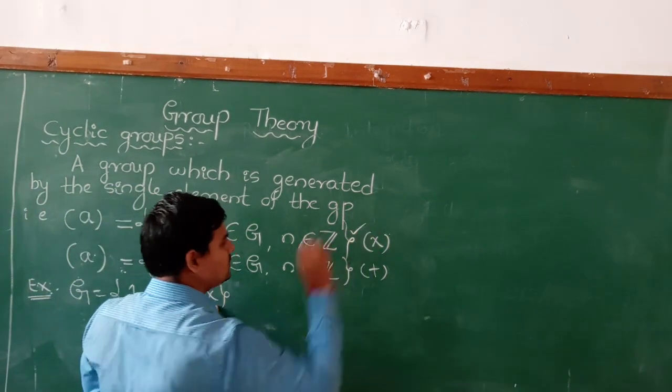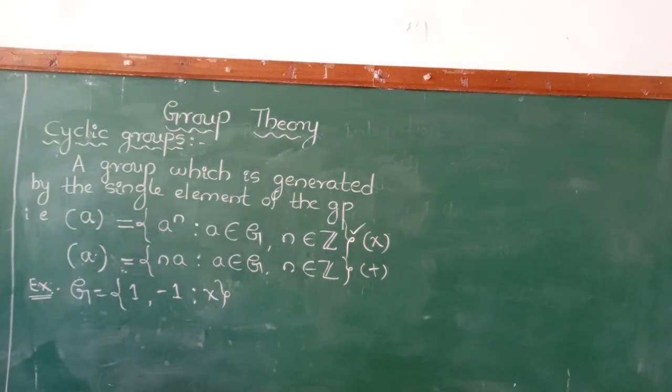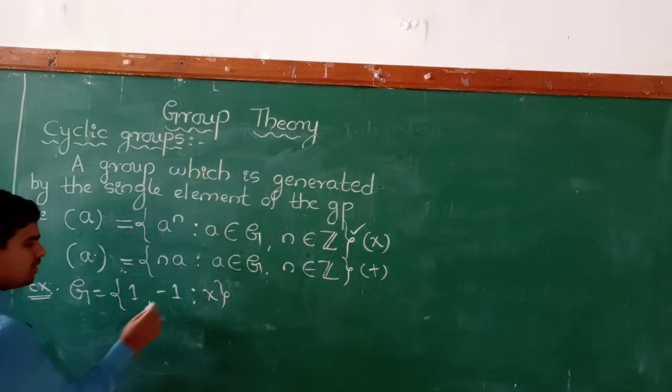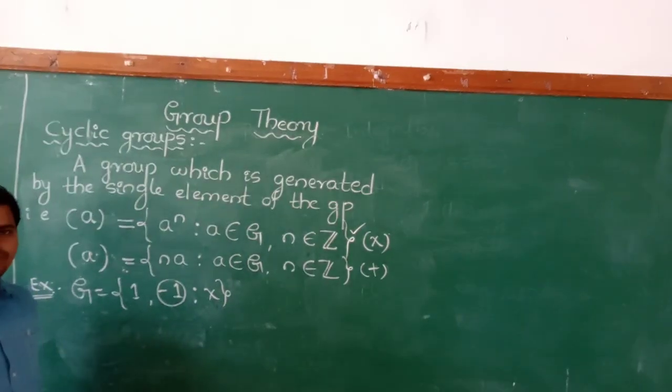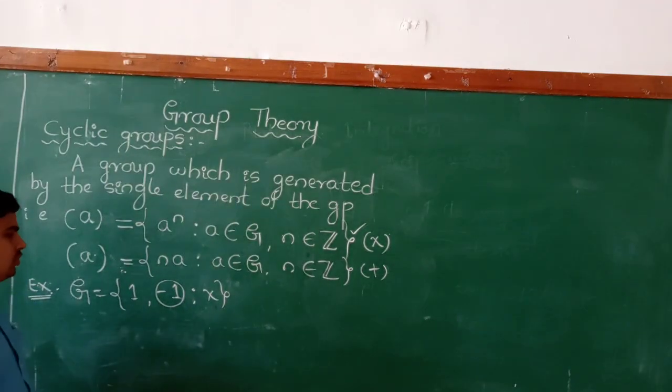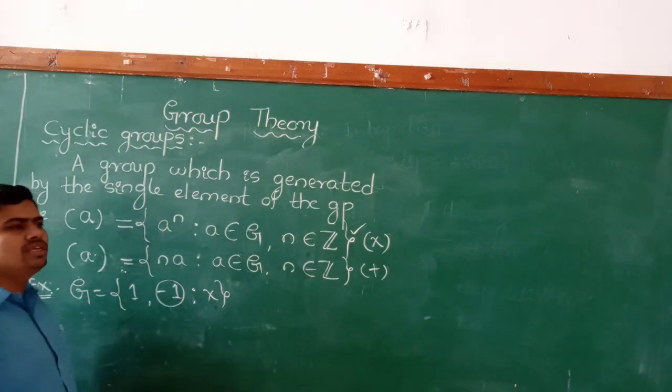In this group, -1 is called the generator. To prove any group is a cyclic group, we need at least one generator. Here, -1 is the generator.